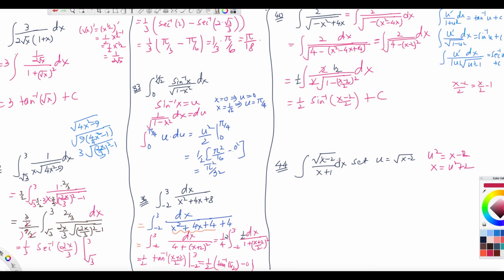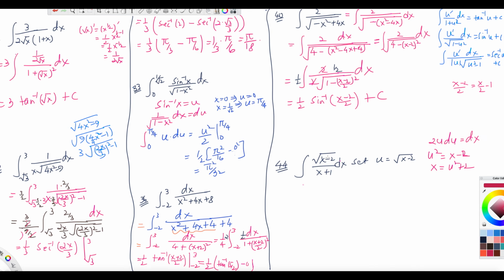Let me write it down that way, okay? So integral, and how about the dx though? What will be dx? If you find the derivative of that, you will get 2u du equals dx. You see that? So 2u du will be dx.